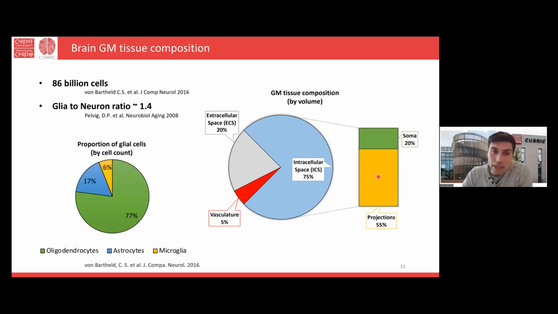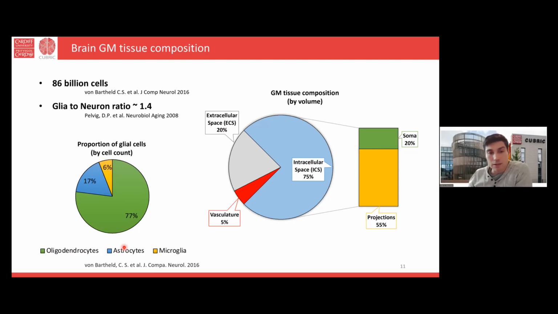And if we look at the glial cells, what is their relative presence in terms of cell count, we have mostly oligodendrocytes in number, followed by astrocytes and microglia. It's hard to convert this estimate into volume fraction occupied by these cell types, because they have very different morphology and depend very much on the species.